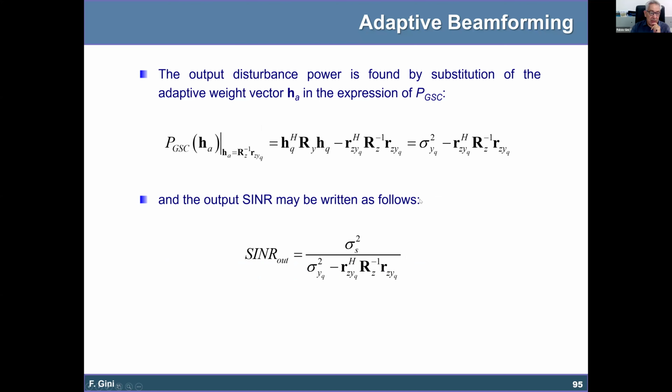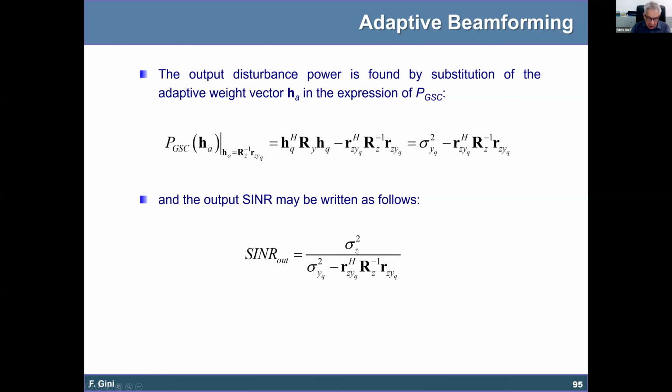It has all the nice properties of the Wiener filter. And you can calculate the output power and the output signal to noise ratio. So this is the output power, which is the power of the interference. And so the power of the signal divided by the power of the interference is the signal to interference plus noise ratio at the output of the beamformer.